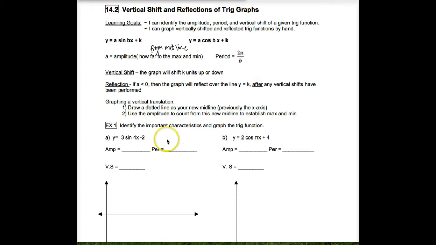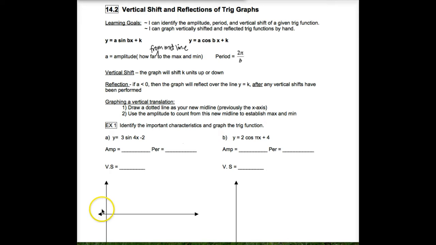So in order to graph these slightly more complicated graphs, we have kind of an order to follow, and that is, first thing you're going to do is you're going to draw a dotted line as your new midline. So previously we always started on the x-axis for the sine graphs, and then we started on up one on the y-axis for cosine.